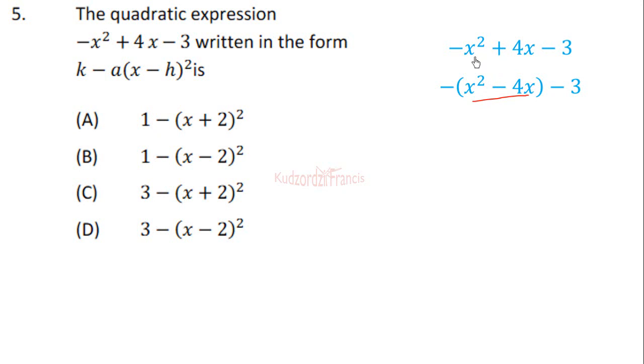We create a perfect square over here by adding half the square of this. So half of this is -2. -2 squared is 4. We add and subtract to get something like this. This is a zero pair, so nothing has changed.